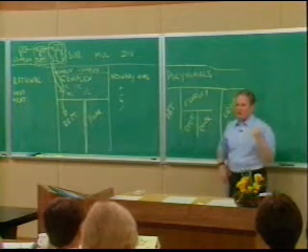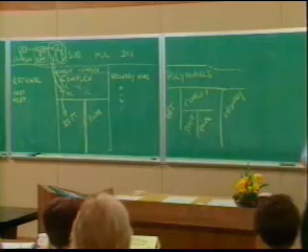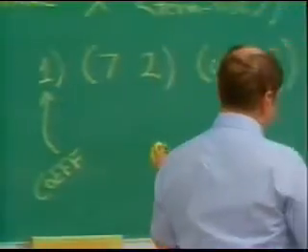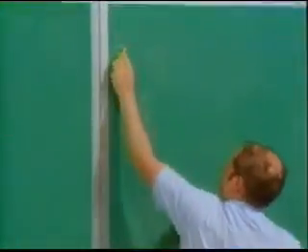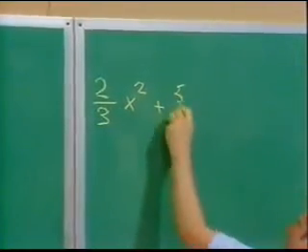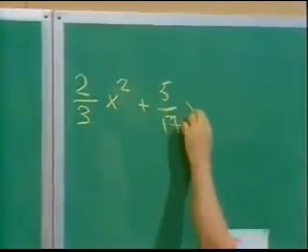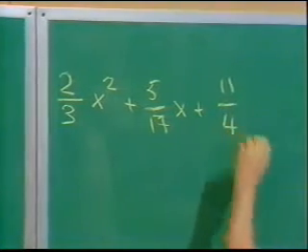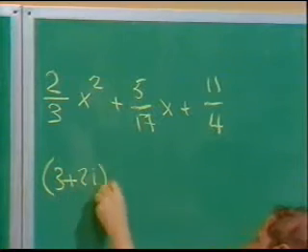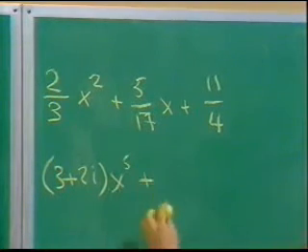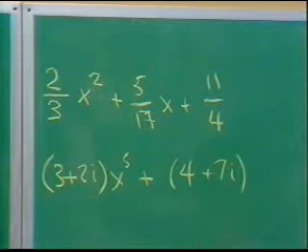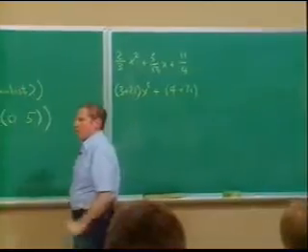So what I mean precisely is our system right now automatically can handle things like adding together polynomials that have this form, 2/3 of x squared plus 5/17 x plus 11/4, or automatically handle polynomials that look like 3 plus 2i times x to the 5th plus 4 plus 7i or something. It can automatically handle those things.